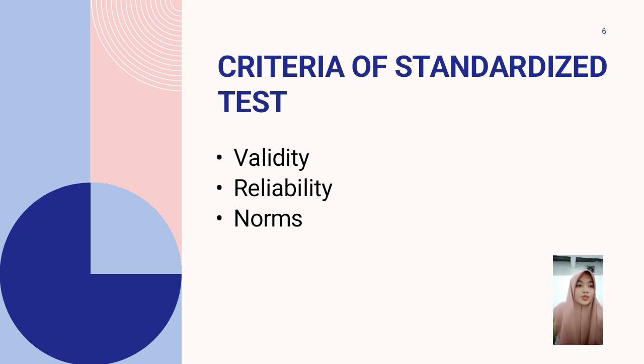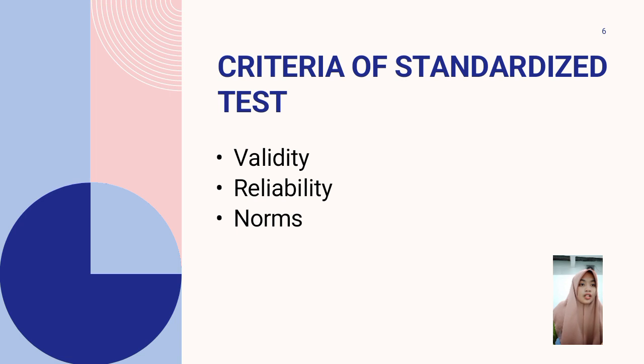Last one, norms. This refers to the comparison of student scores in a test to the scores of a reference group of students. A norm that can be followed with confidence results in a good comparison.